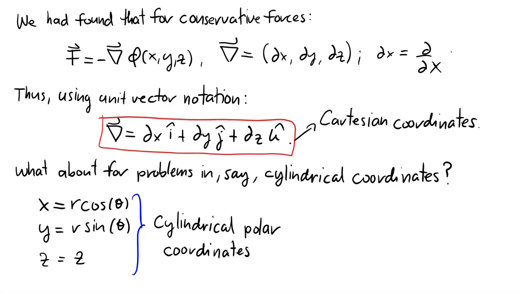So, if we were to use cylindrical coordinates for the potential energy function, how would the gradient look in this coordinate system?